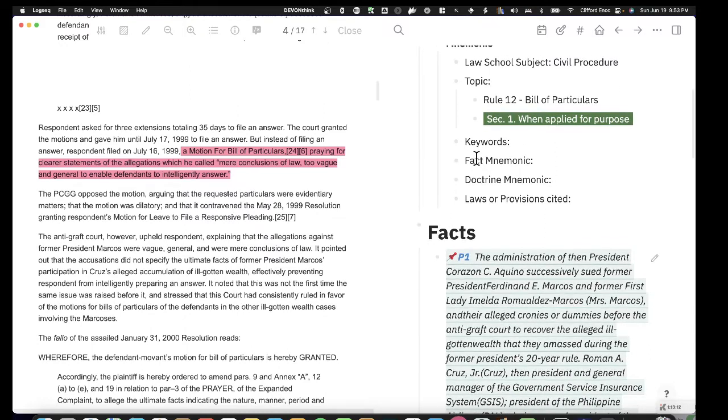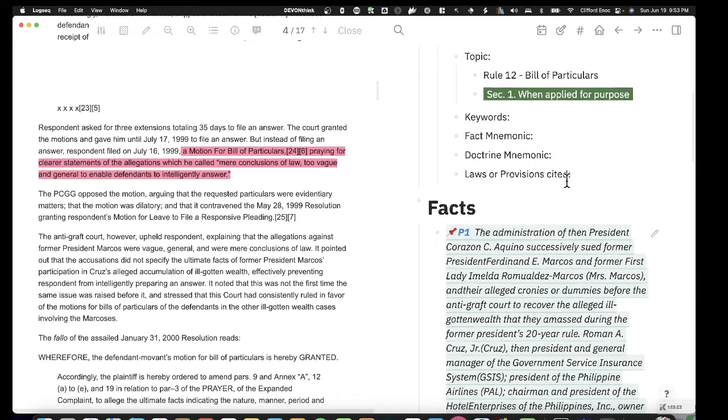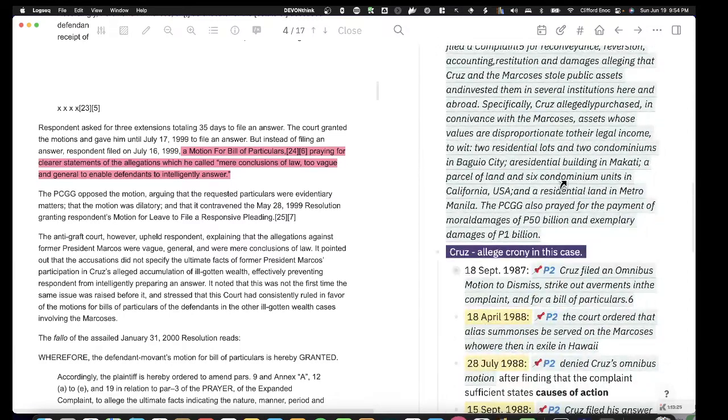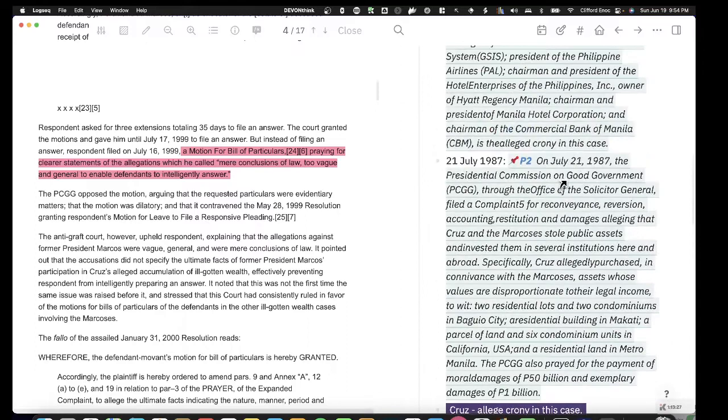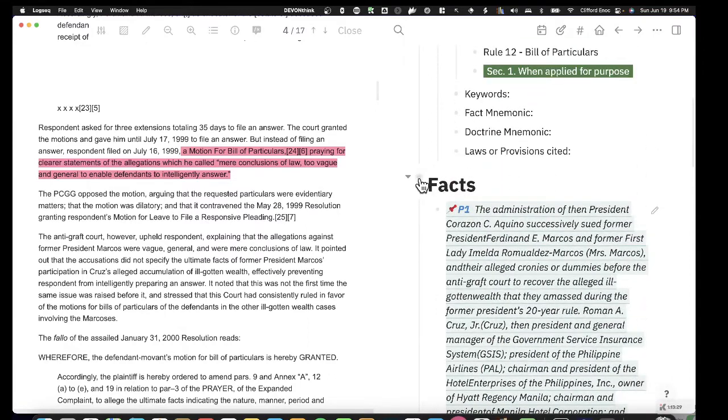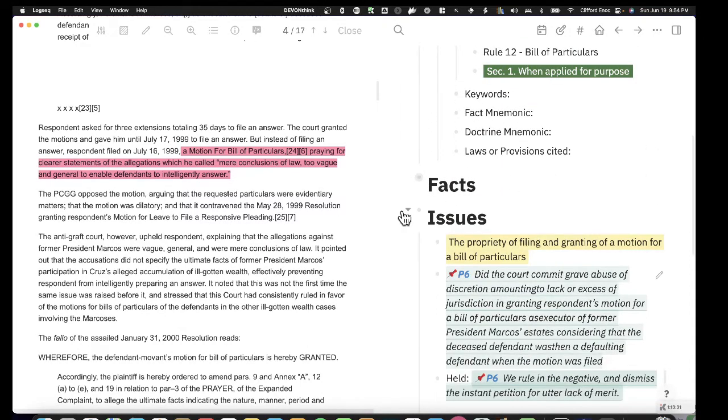May sagot na dyan. When applied for purpose, yung kanina binasa ko, kung vague siya, 'di ba? Yung hindi siya clear. I think I have a bill of particulars. I have already tagged that or read yung kanina. But let's go back and check.